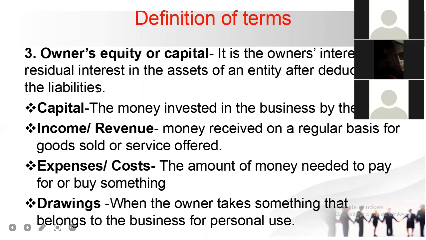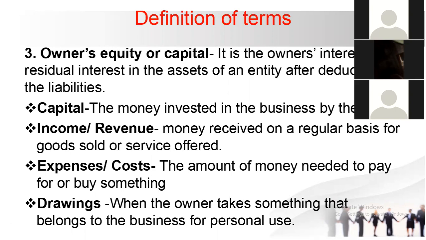The owner can take money or goods. Drawings can come in the form of money or goods. Whichever instance, it has the impact of reducing what the owner can claim from the business.